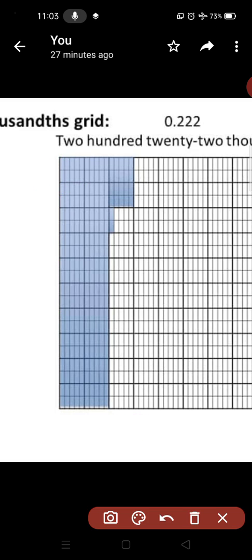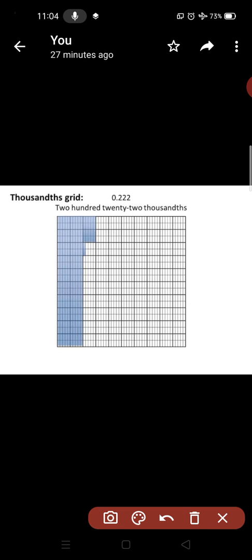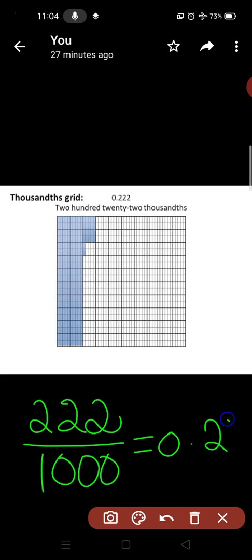So here the total is 222 out of 1000. This is a fraction. We can denote it by the decimal number 0.222. Don't read it as zero point two hundred twenty-two. After the point we will read individual digits: 0.222.